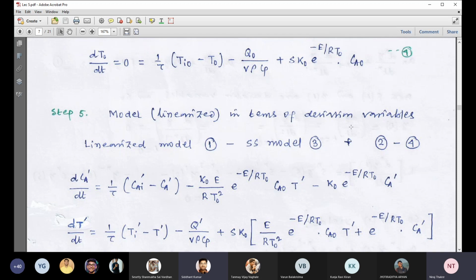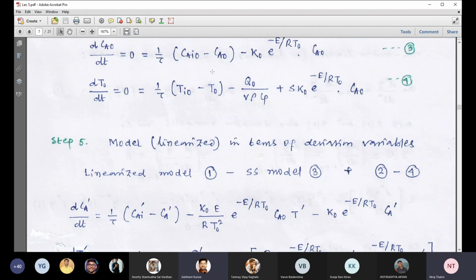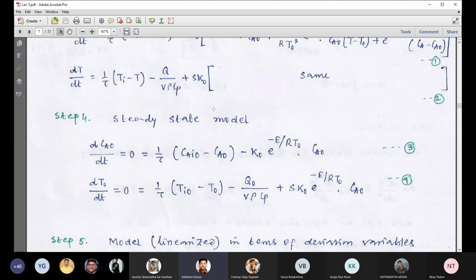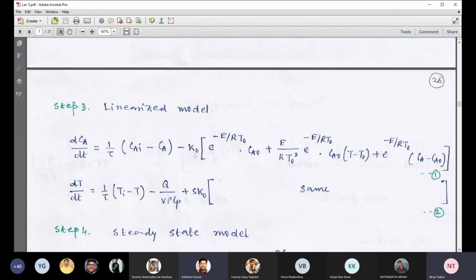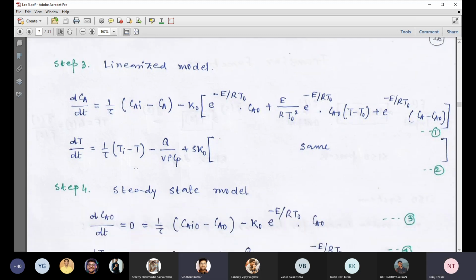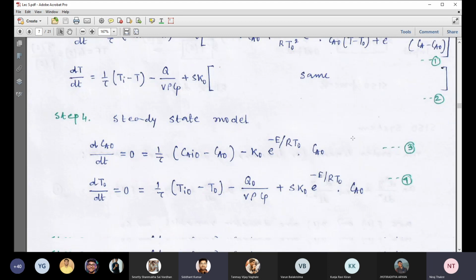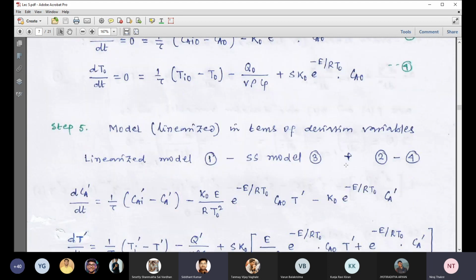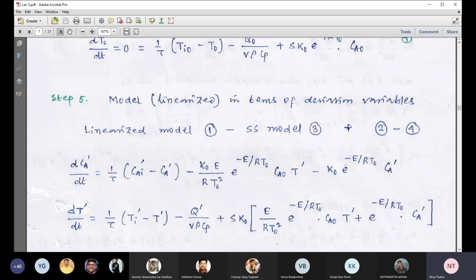Then somewhere CAI minus CAI naught should come. Like CA minus CA naught would come. In fact, that is there: CA minus CA naught, T minus T naught. You just check and let me know whether you are getting it or not finally.